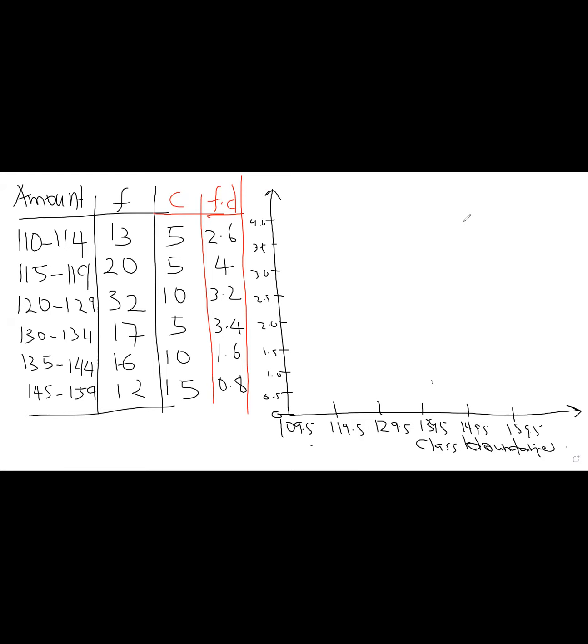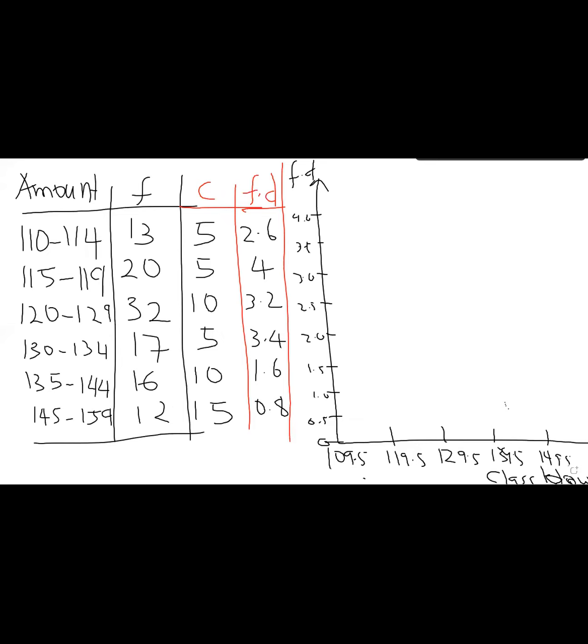So my figures, I hope you can read them. So that scale, and I've labeled the horizontal, you must label the vertical. What is it? You say frequency density. Is that okay? You do the labeling. Now we draw our histogram.